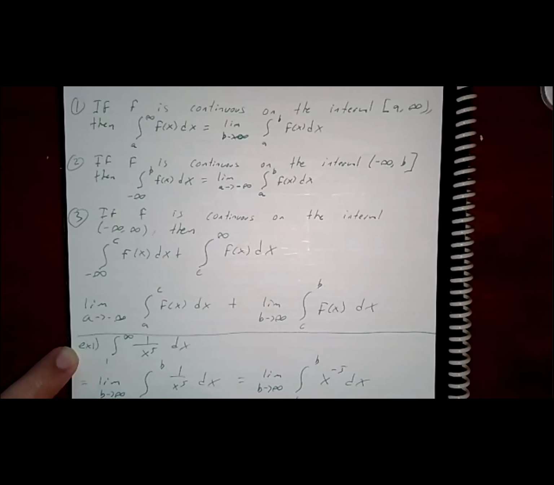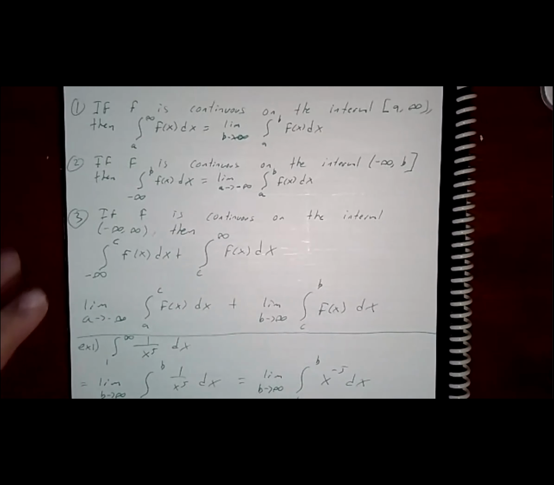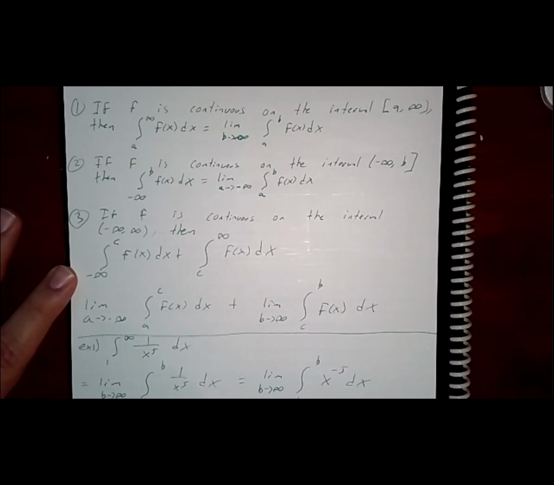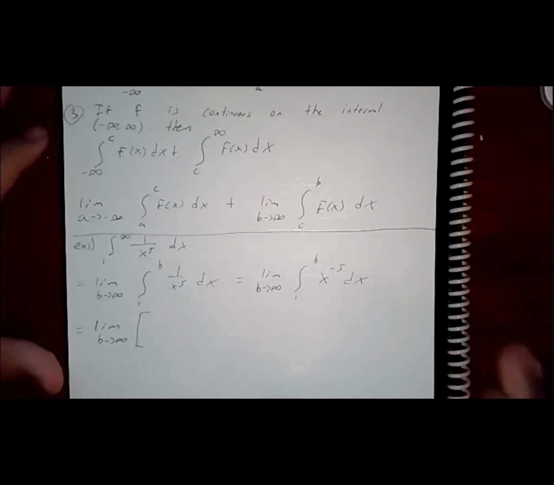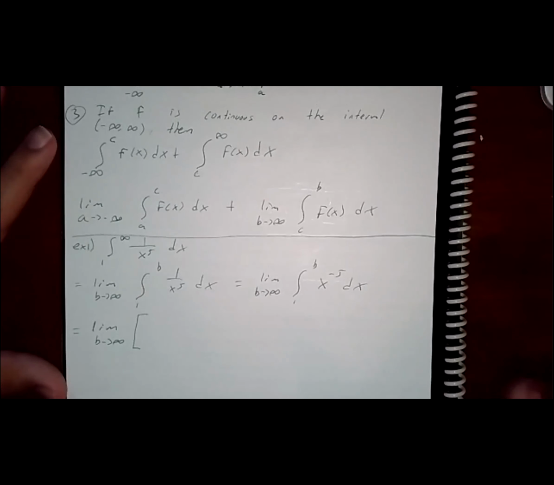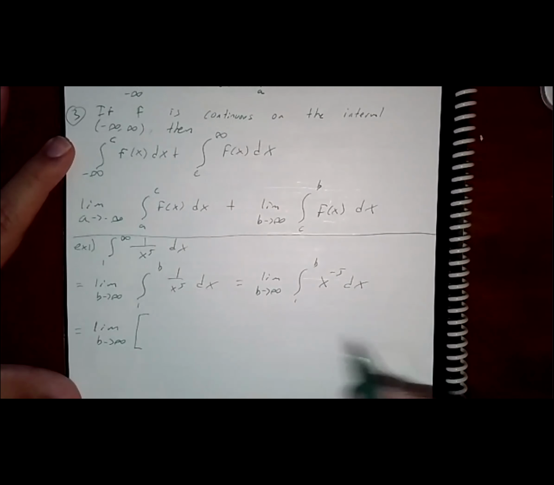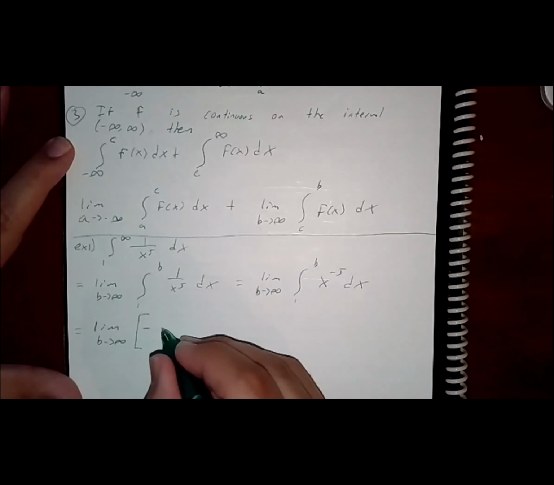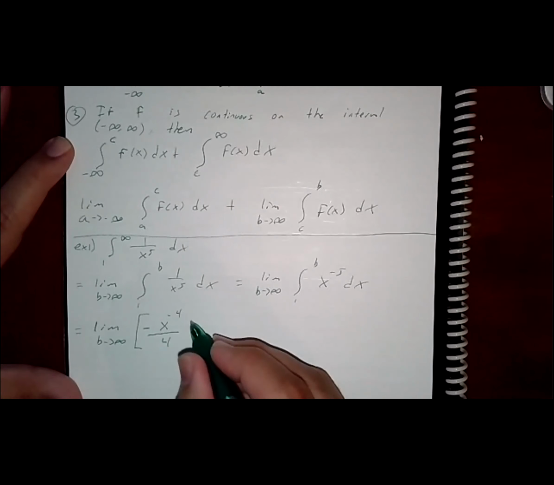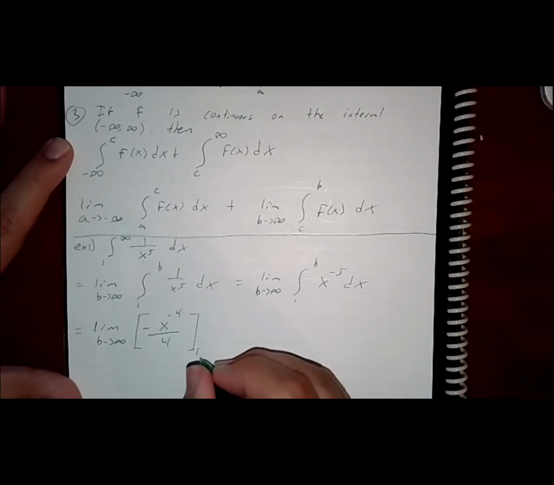Actually, we've got to write the limit first. The limit as b approaches infinity of negative x to the -4 over 4 from 1 to b.